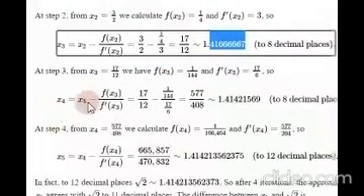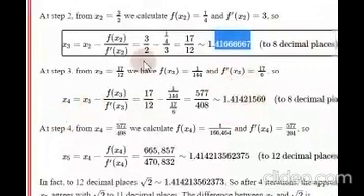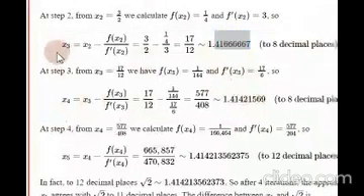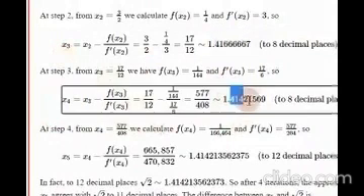Here we have 8 decimals: 1 2 3 4 5 6 7 8. This is correct to 8 decimal places, and this is the fourth one.